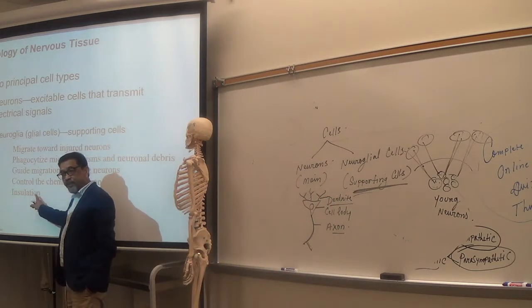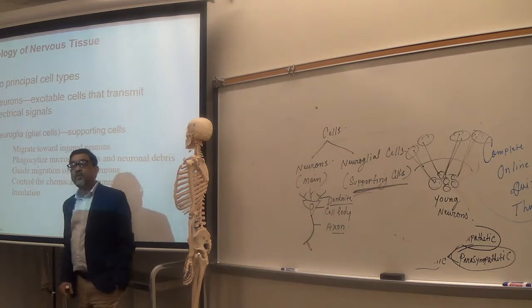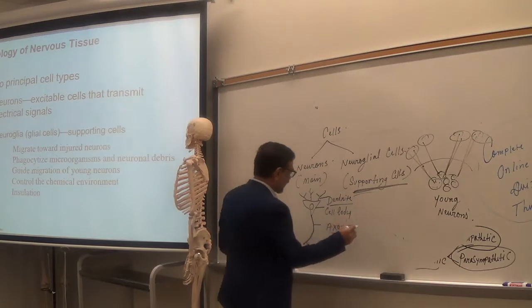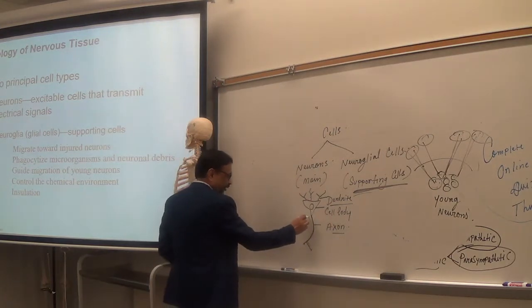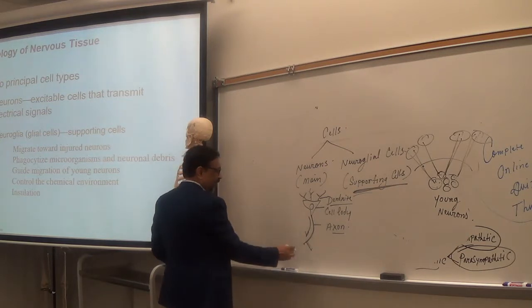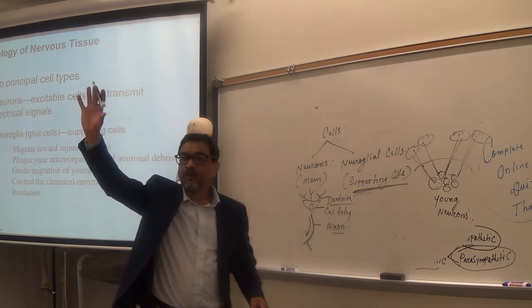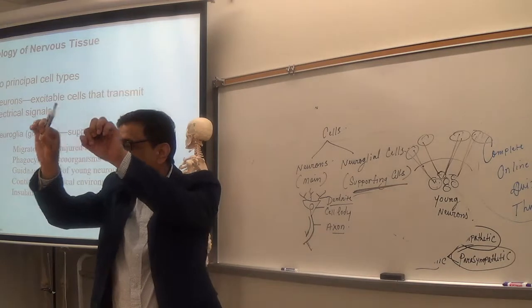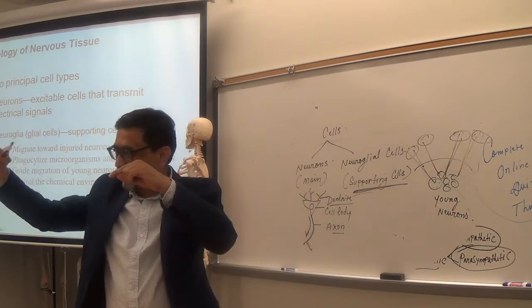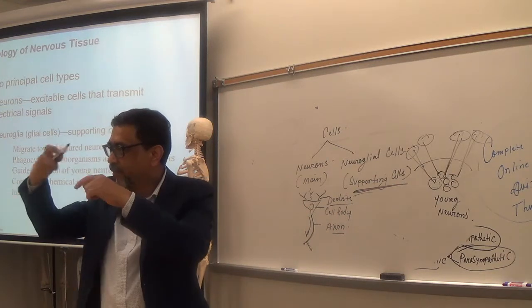Another very important function is insulation. You know that nerve signal transmission is electrical signal transmission, so the signal goes very fast, like electricity. Now you know in your house electrical wires are covered by insulation, right? Electrical wires are covered by what?